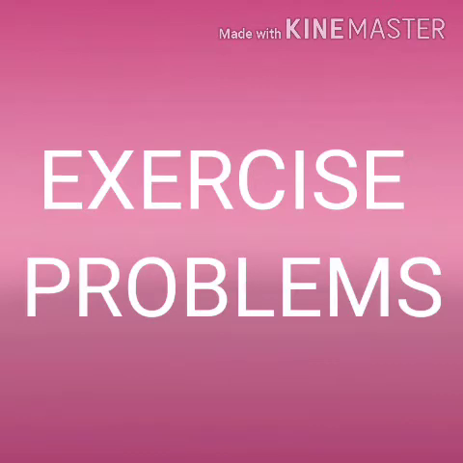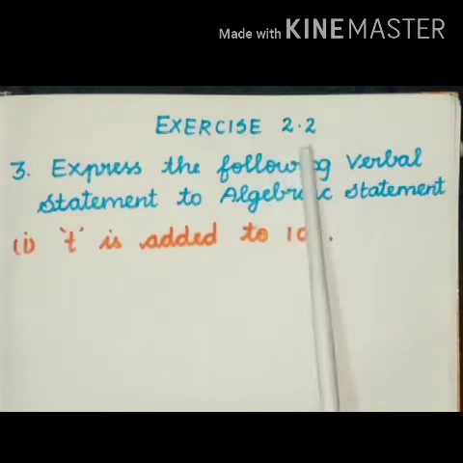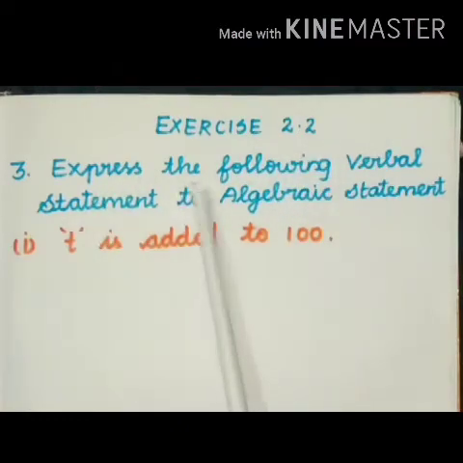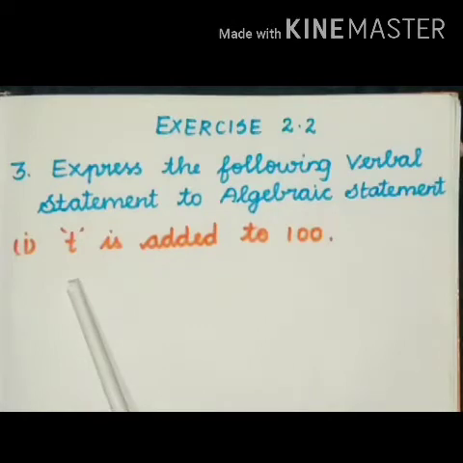Let's solve the exercise problems. Exercise 2.2. Express the following verbal statements as algebraic statements. Students, as you already know, the given question is in the form of a verbal statement. You have to change it into an algebraic statement. Here the first question is t is added to 100.